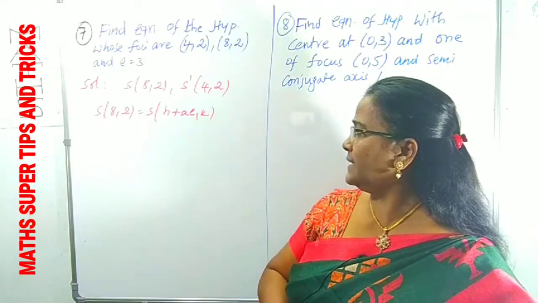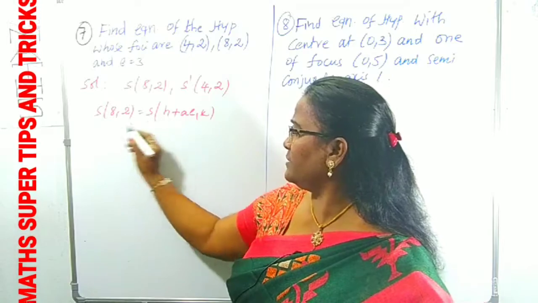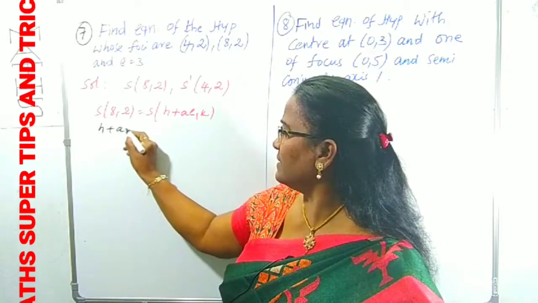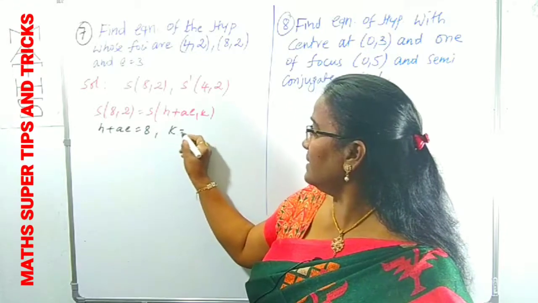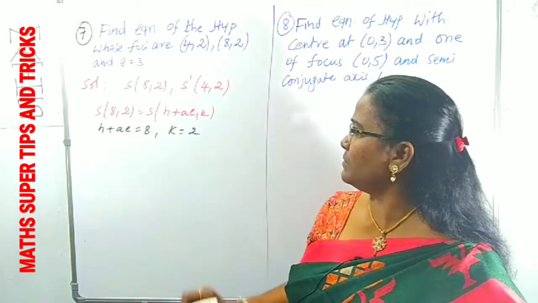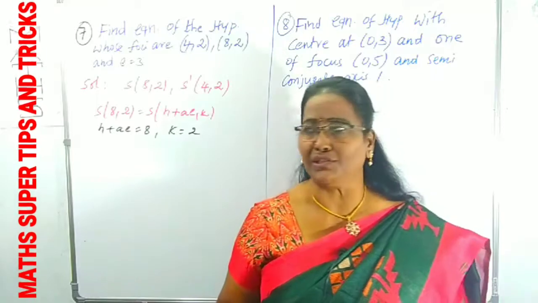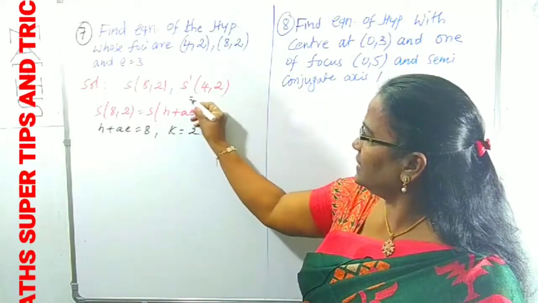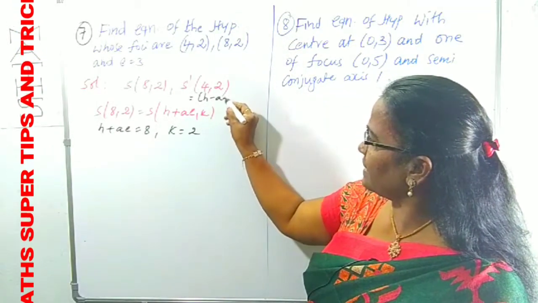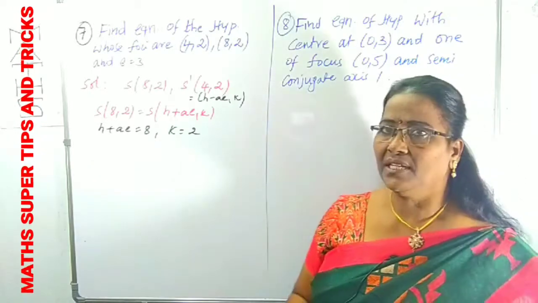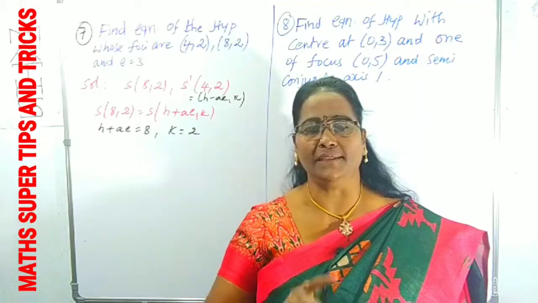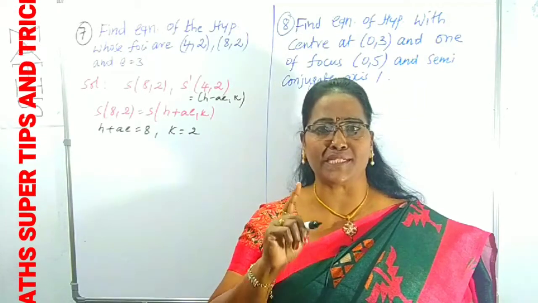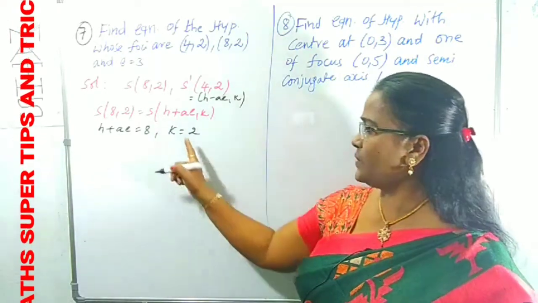And indirectly, h plus ae is equal to 8, k is 2, right? Similarly, this one we can compare with (h minus ae, k), because here k is equal; that is called a transverse hyperbola whose center is at (h, k).